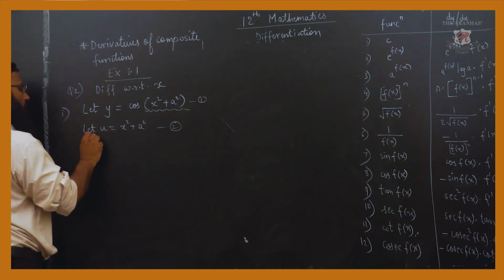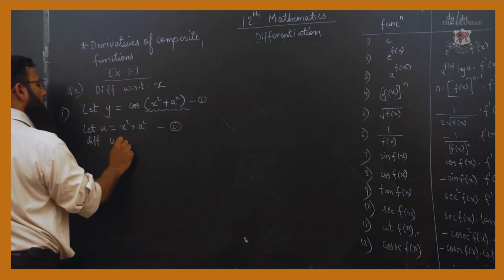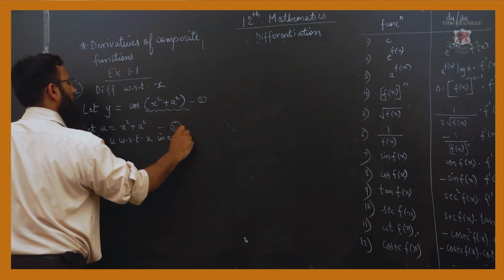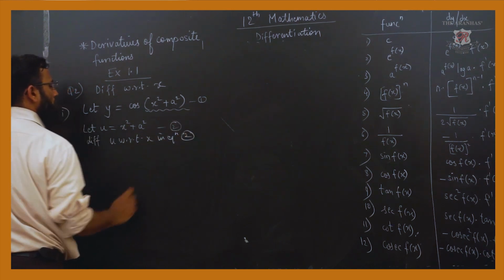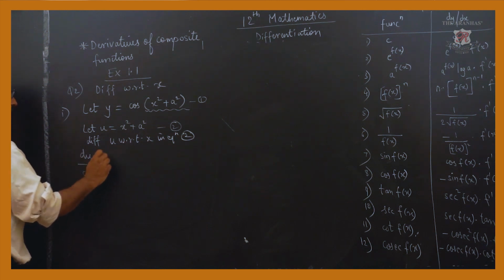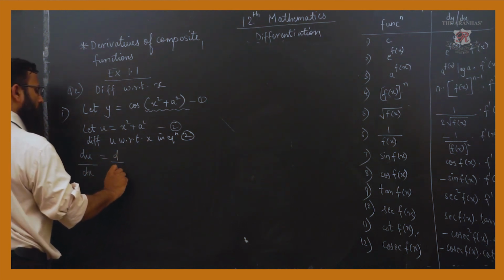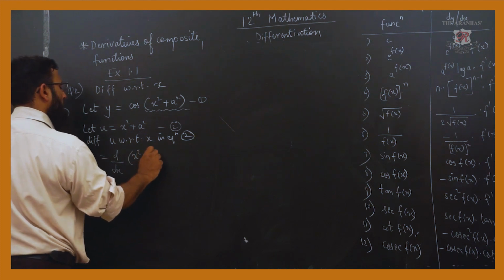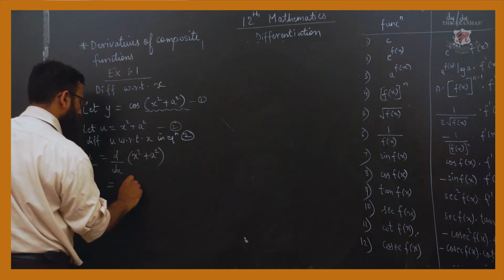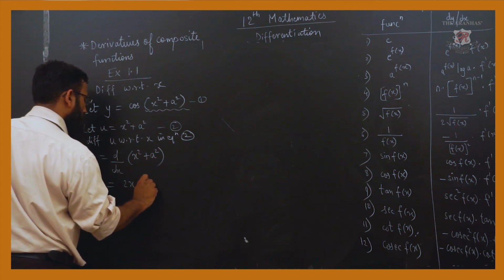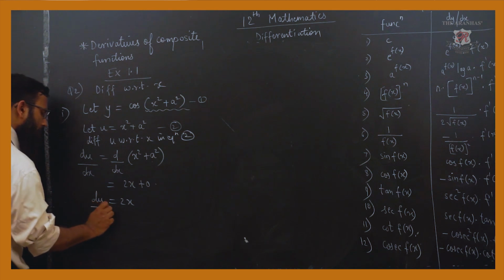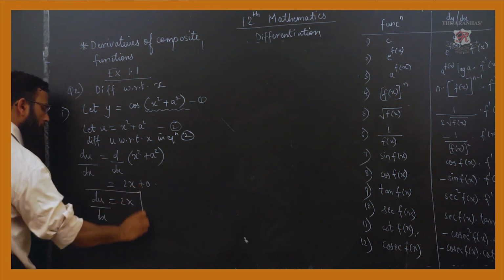So differentiating u with respect to x, du by dx is d by dx of x square plus a square. Derivative of x square is 2x and derivative of a square will be 0.